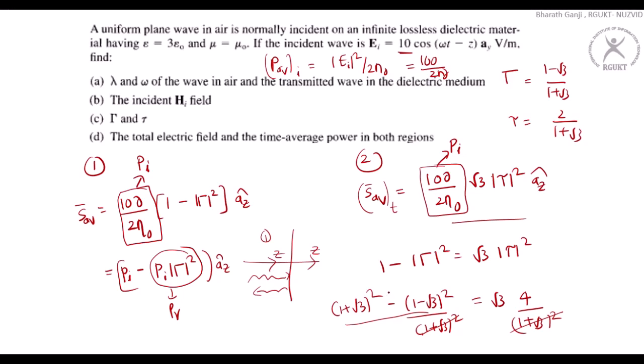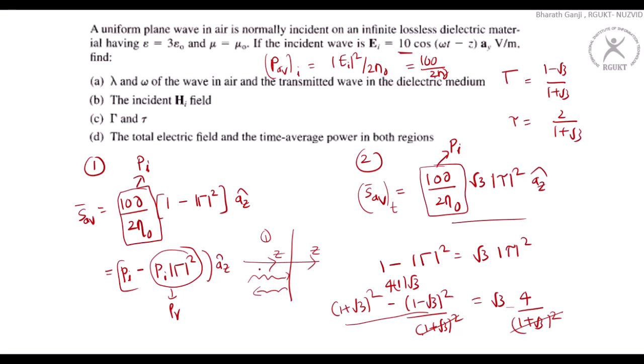You will be left with 4 times a into b, where a is 1 and b is root 3. That is what you have on the other side also. So you can see that it actually holds.